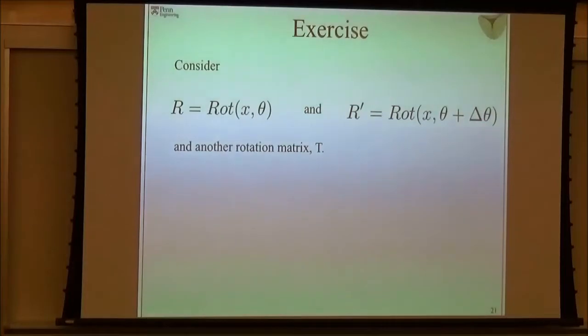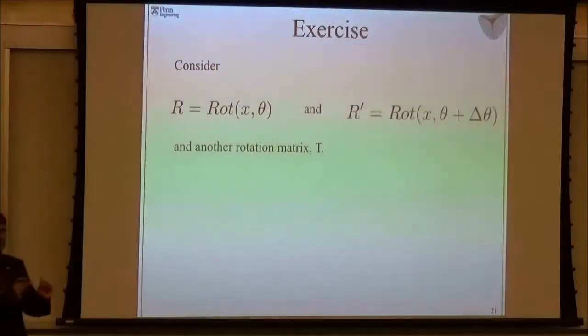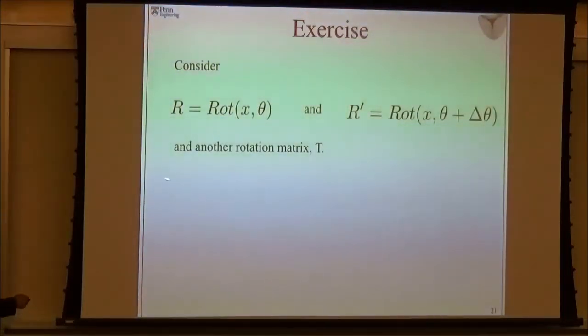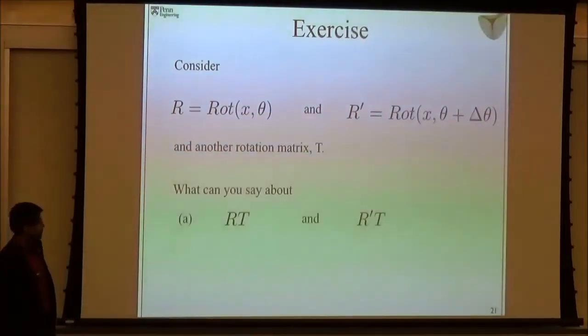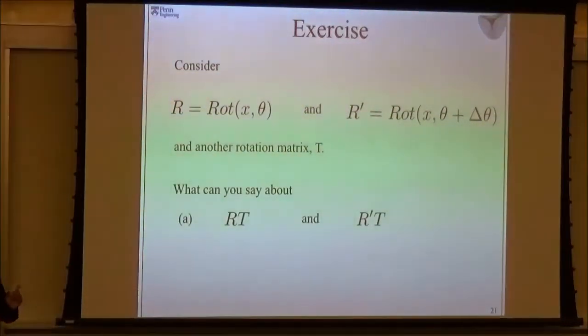Let's take a very simple example here. Let's take the rotation about the x-axis through theta, and the rotation about the x-axis through theta plus delta theta, where delta theta is a really small number. And let's take another rotation matrix, which will be constant. The question I want to ask is, what can you say about the product of R and T, where I'm going to change R from this value to that value?